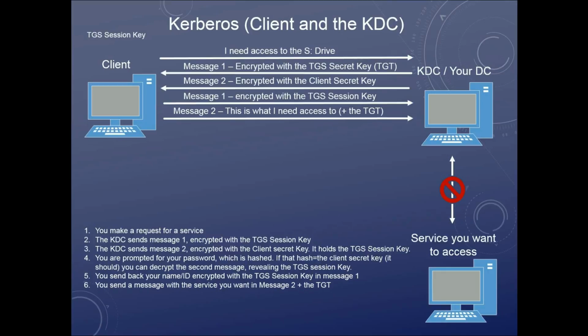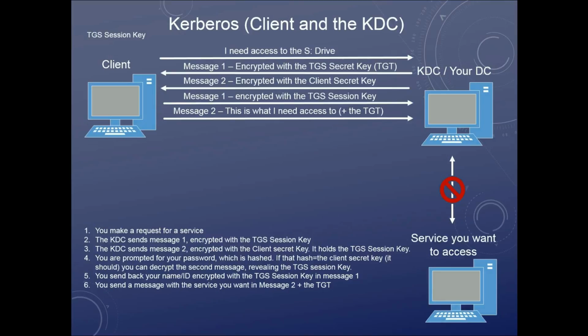Now again, we can't really decrypt that TGT because we don't have the secret key. There's not a whole lot we can do there. And we are sending back in message 1, of course, our ID. We're also sending back the timestamp. Everything is keeping track of everything.